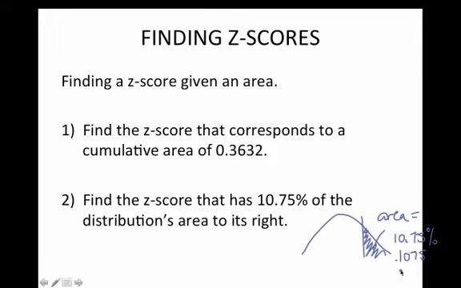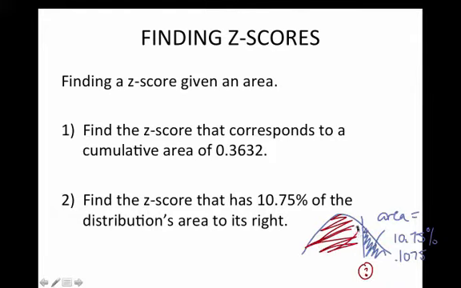Your calculator can only display information of a cumulative area coming from the left. So we need to calculate the area to the left of this z-score, even though we're given the area to the right.